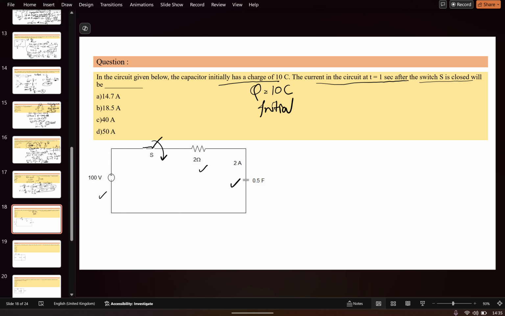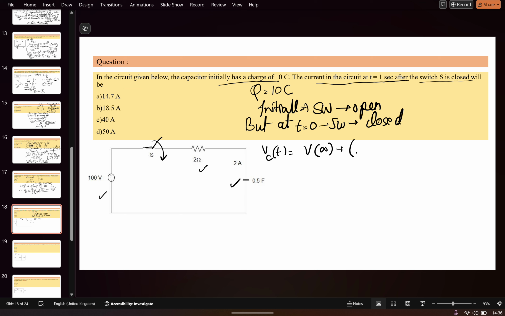Initially the switch was open, but at t is equal to 0, the switch is closed. So the standard equation of V_C(t) for the capacitor is V infinity plus (V0 minus V infinity) e to the power minus t by tau.